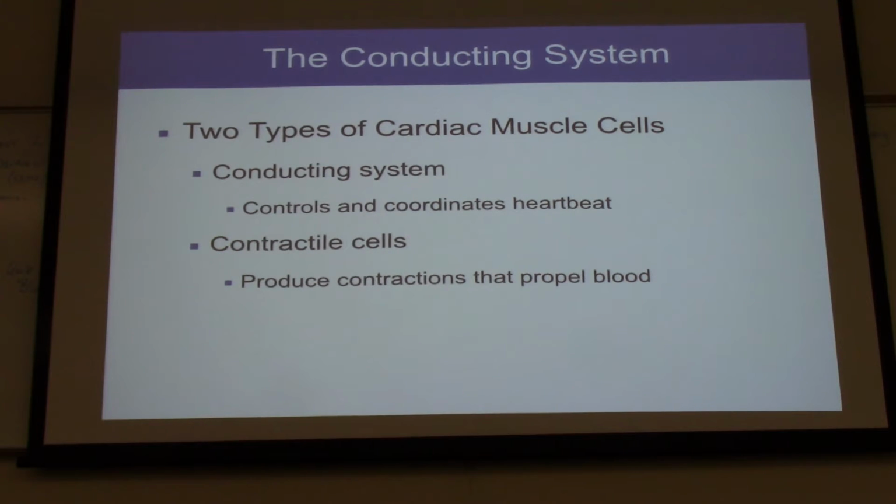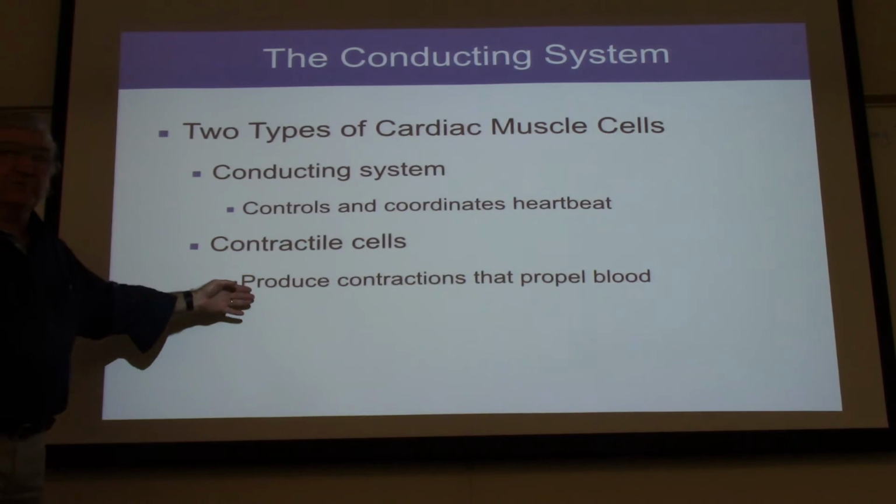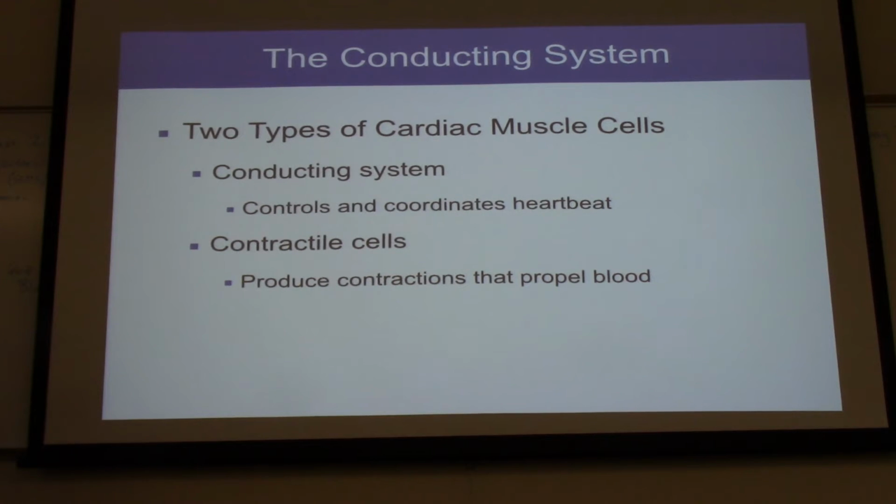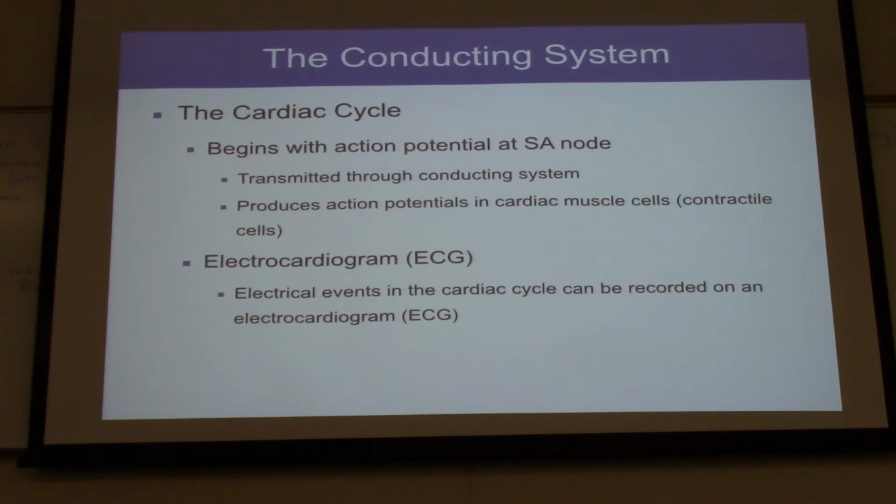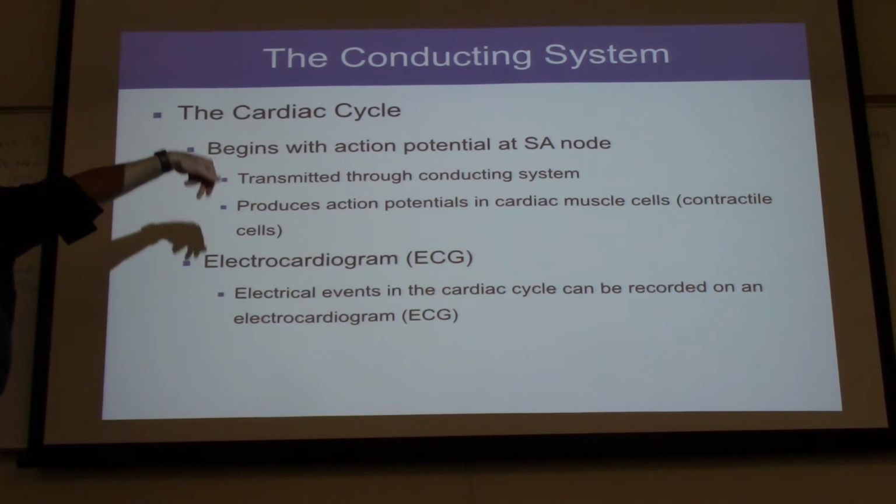We have 2 different kinds of cardiac muscle cells. Most of them are muscle cells. They produce contractions and they cause the blood to flow. But we also have a bunch of cardiac muscle cells that have become specialized to conduct this electrical charge, to allow it to spread out around the heart so the whole heart can contract together. The cardiac cycle begins with an action potential.